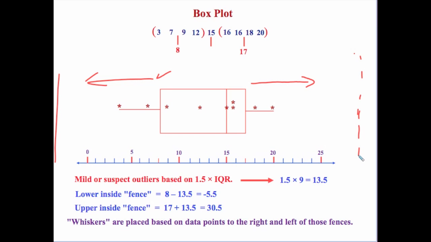Another way to think of it would be that your whiskers are going to be drawn out to the last value that's not an outlier in each direction. So over here on the right hand side, I only go this far because again that's my last data point that is not an outlier, and then the same thing to the left, I go this far because that's my last data point that's not an outlier going in the opposite direction.